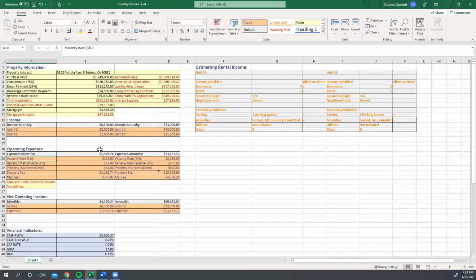The vacancy rate here is going to be 3%, 1%, and a little note here being that the property insurance was actually a value given to me by Redfin, which was $50, so about $600 annually. So the biggest value here is going to be that annual expense, which is about $23,000.